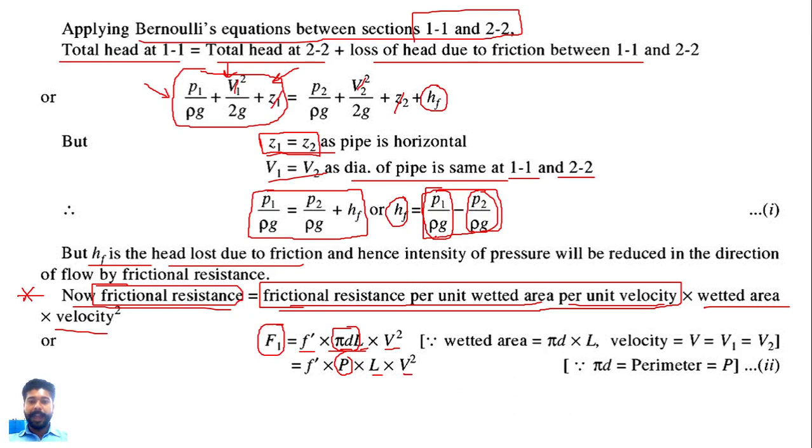But F1 is the frictional resistance, and we have already found it: F dash into P into L into V squared.